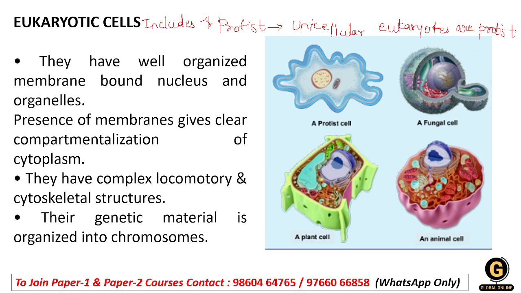Unicellular eukaryotes are protists and they have a well organized nucleus and nuclear membrane, and they also have complex locomotory and cytoskeletal structures. The genetic material is organized into chromosomes. So these are the characteristics of the eukaryotic cell.